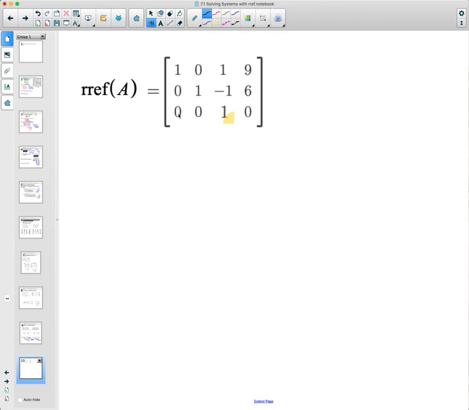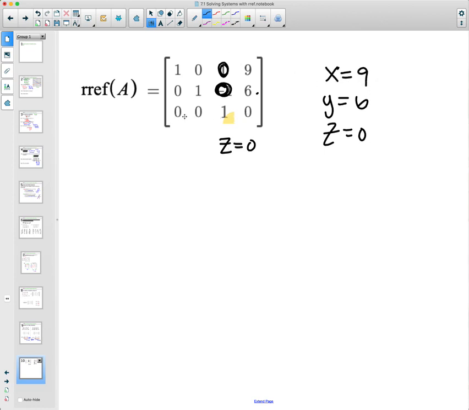So if you get to this, it's 0x plus 0y plus 1z equals 0. That's saying z equals 0. So then you're getting y equals 6, and you get x equals 9. So this one is a solution.